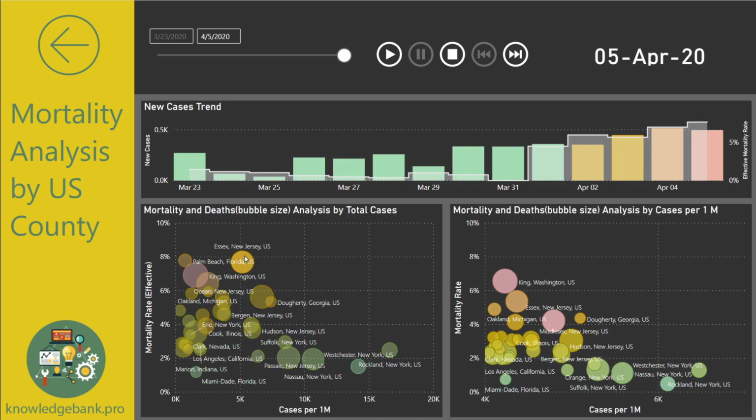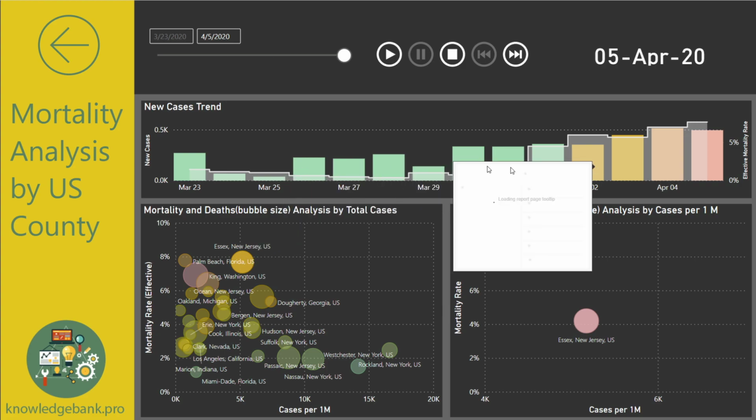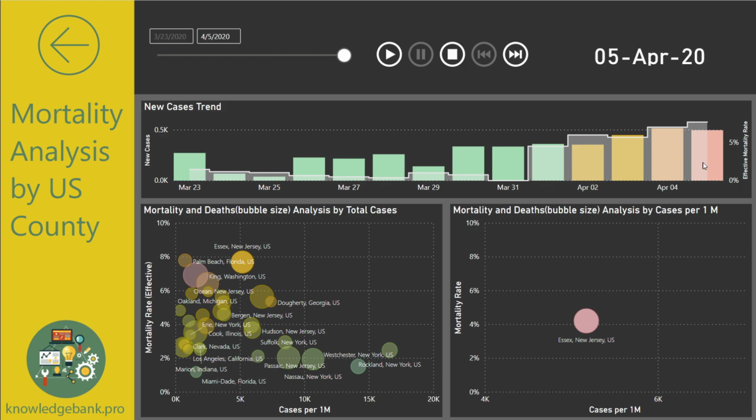There are several counties that are worrisome. For example, Essex County, New Jersey, we see a higher rate, and we see that things go from green to red. The effective rate right now is at 8. The as-is rate right now is at 4. So I can certainly predict that it's not going to stay at 4 over the next couple of days. It'll go up to 5, 6, maybe higher.